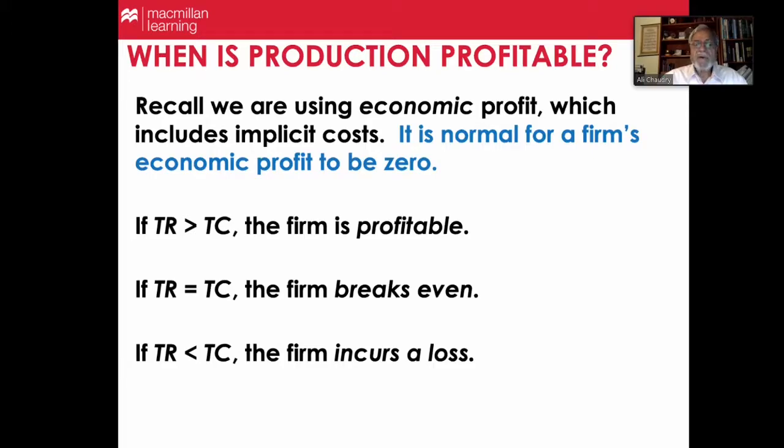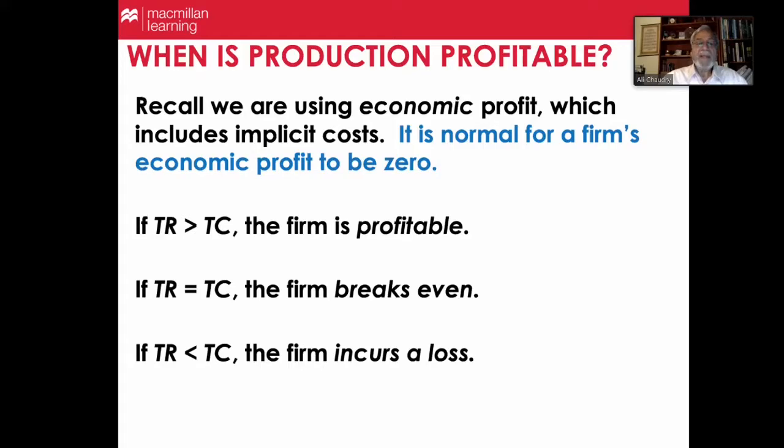If the total revenue is greater than total cost, the firm is obviously profitable. When total revenue is equal to total cost, they're breaking even, and they're breaking even because they are covering their costs. And when the total revenue is less than total cost, then the firm, of course, is going to lose money. All right?